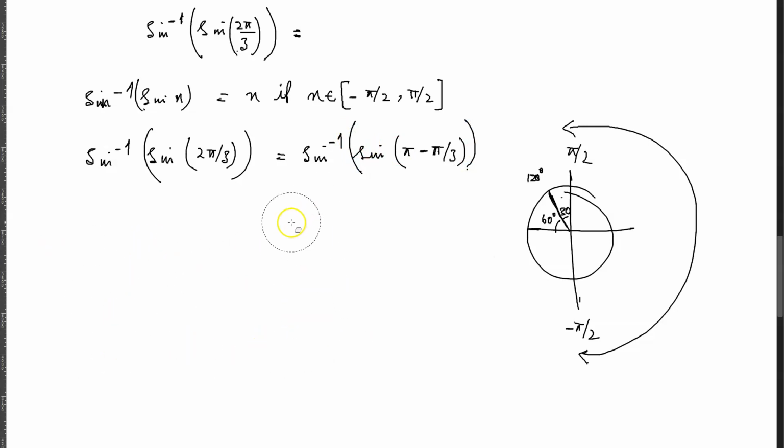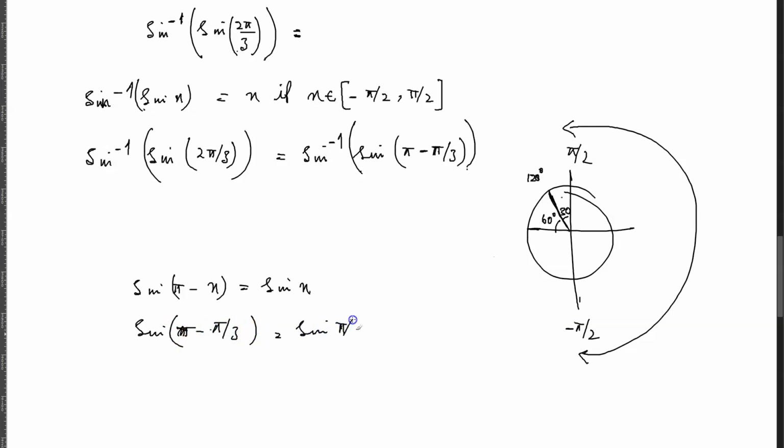Now, based on this formula, when you have the sine of pi minus x, that is equal to the sine of x, which means that the sine of pi minus pi by 3 is equal to the sine of pi by 3.